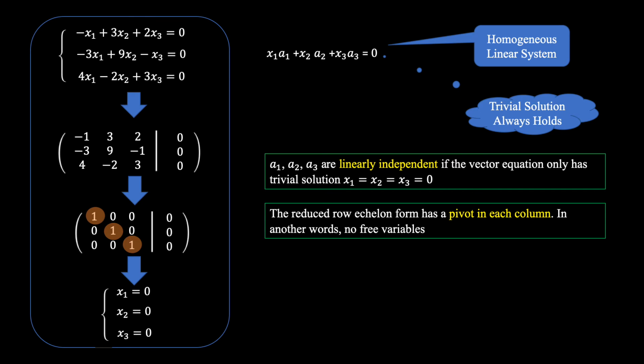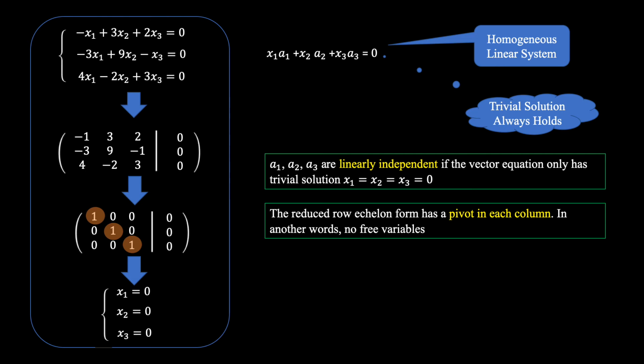What if it's an inhomogeneous linear system? Recall what we have learned in the last video. The general solution of an inhomogeneous linear system can be obtained by adding its homogeneous system's general solution to a particular solution of the inhomogeneous system itself.